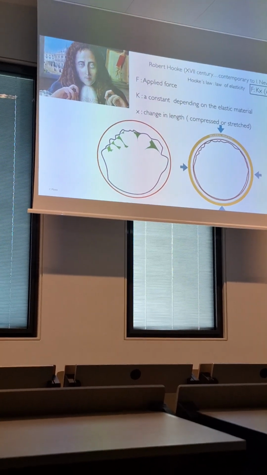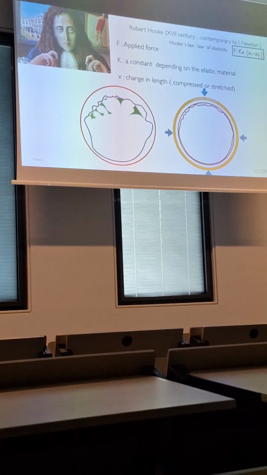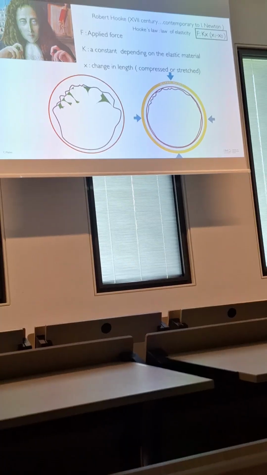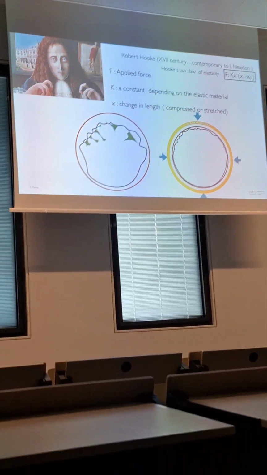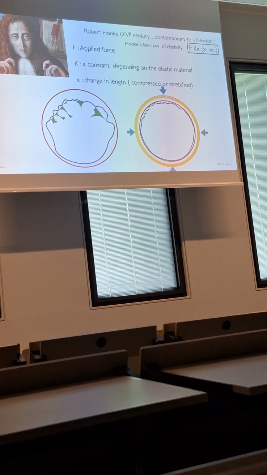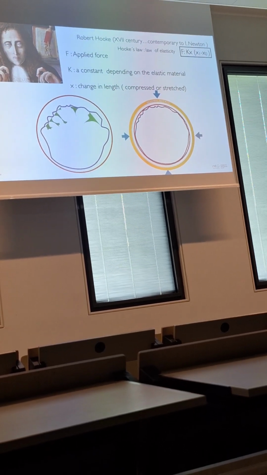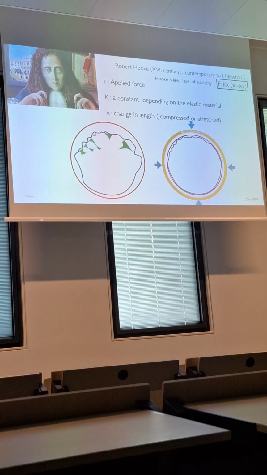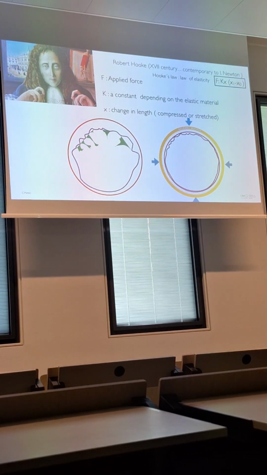Let me show you this guy. Who knows this guy? This guy is Robert Hooke. He was contemporary to Isaac Newton, and they didn't get along too much because they were always fighting and criticizing each other. He described the catenaries. Have you been in Sagrada Familia in Barcelona? Have you gone to the top?